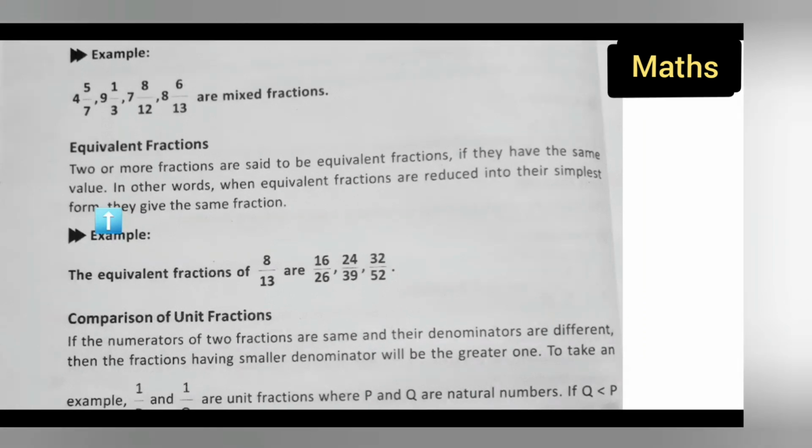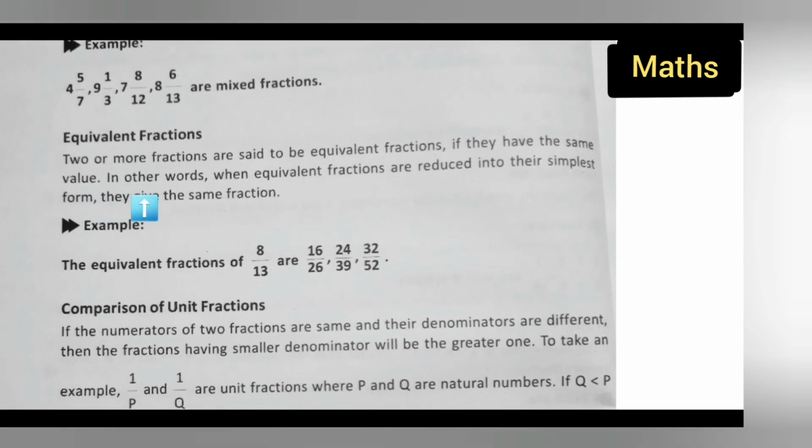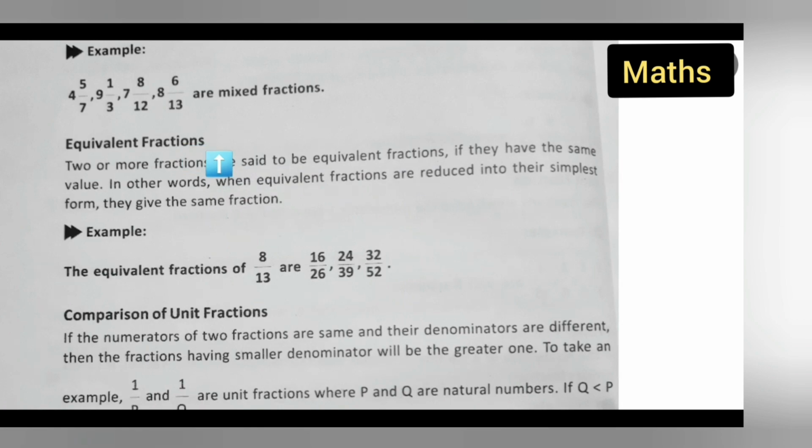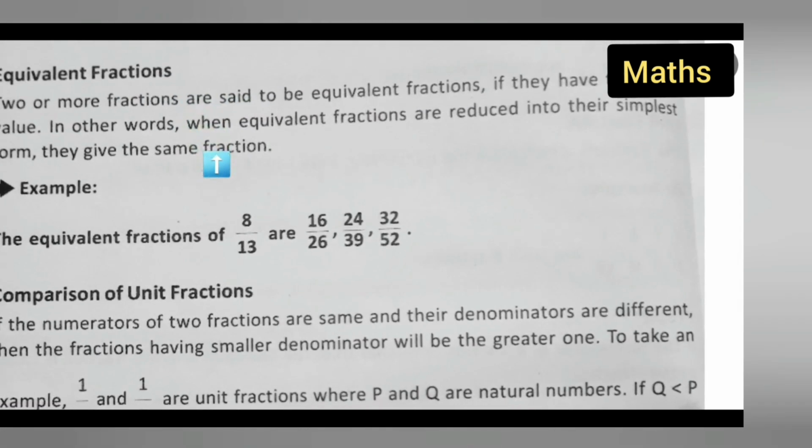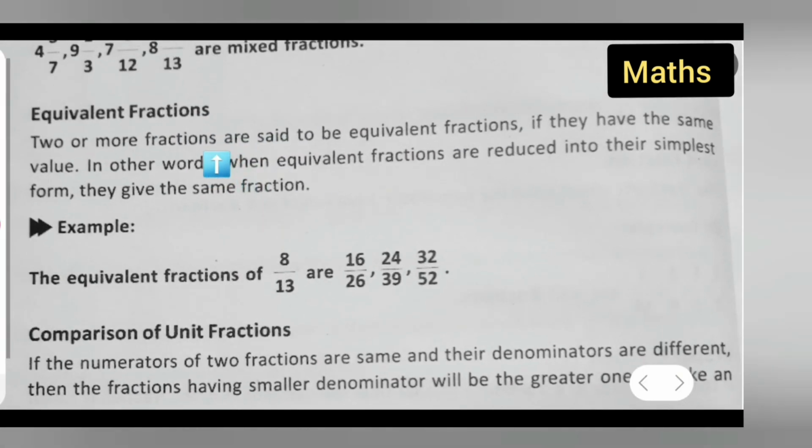Next, let us see what equivalent fractions are. I hope you all can see this clearly. Two or more fractions are said to be equivalent fractions if they have the same value.